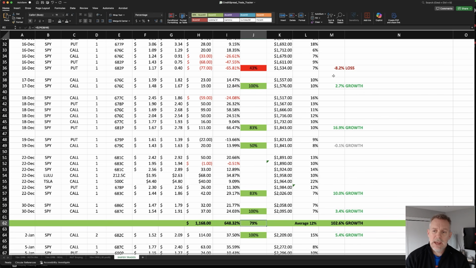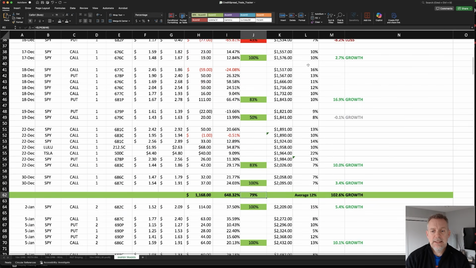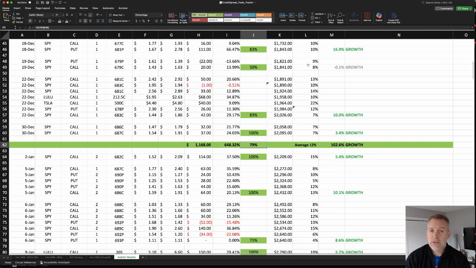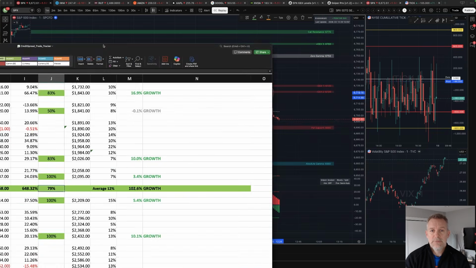And the average account growth per day is about 6.2% over the course of the 3 months. So that's nothing sexy. These are just little base hits, scalping, 0 DTE options, SPY, SPX, any of the Mag 7 stocks, and we're just moving things along.